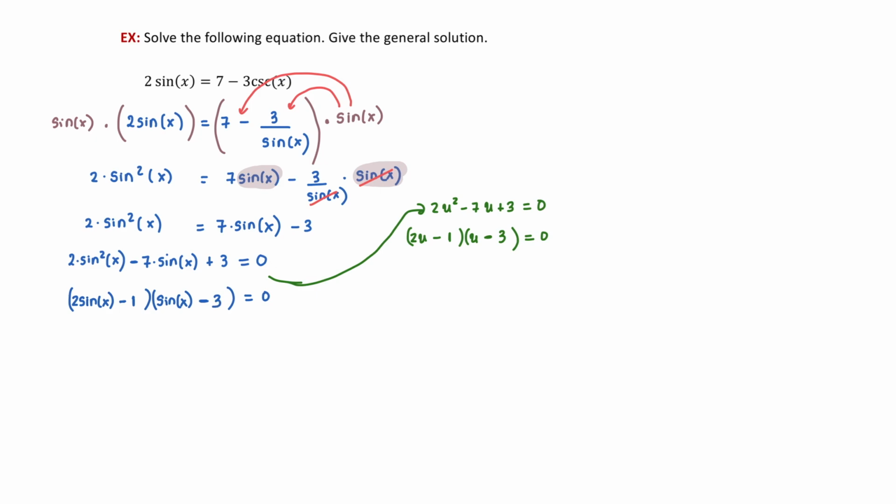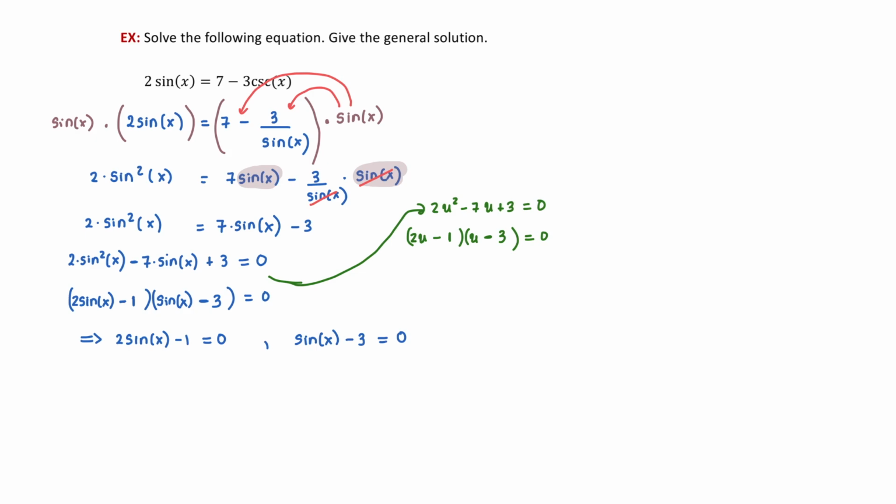Those are my 2 factors. Now I'm going to set each factor equal to 0. That will allow me to generate 2 simpler equations that hopefully will be easier to solve. So from here, we're going to take 2 sine x minus 1 and set that equal to 0. And also sine x minus 3 equals 0.